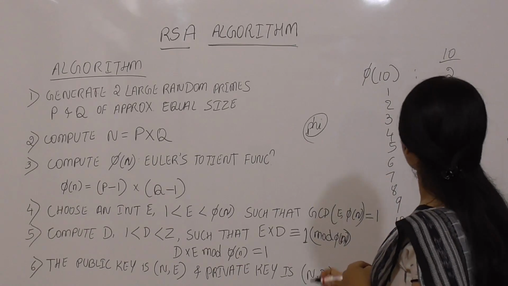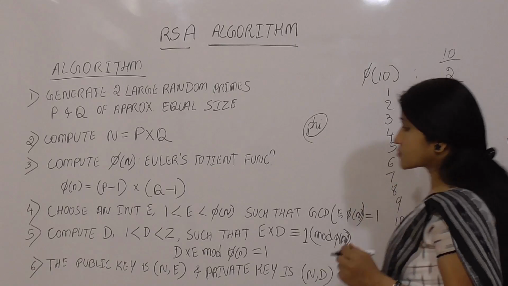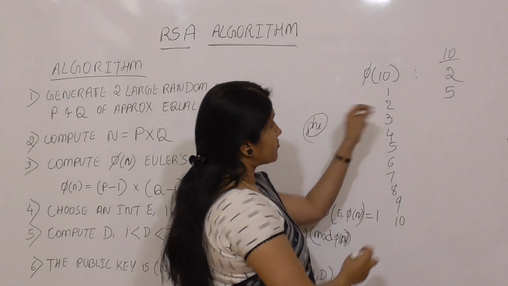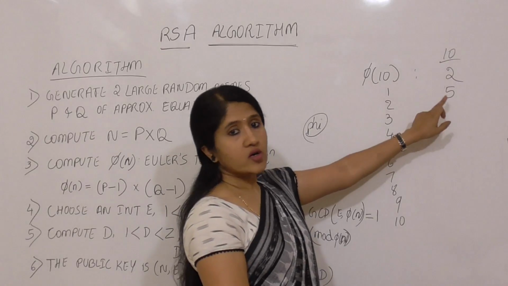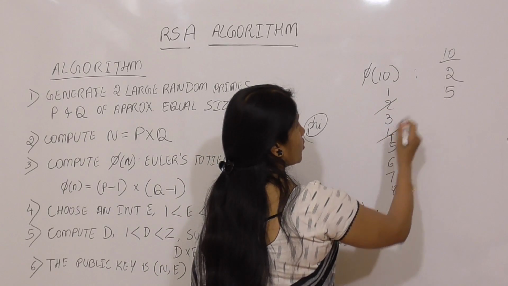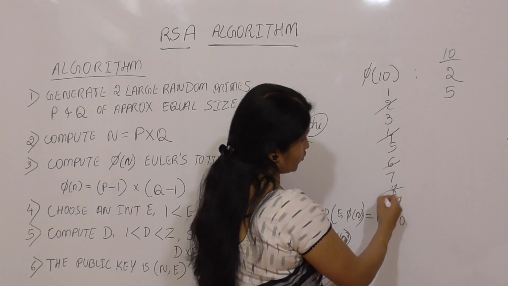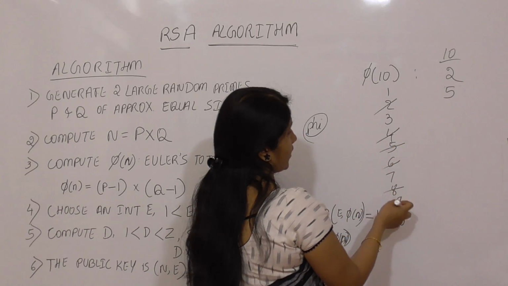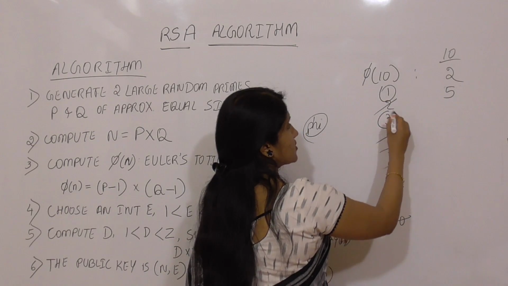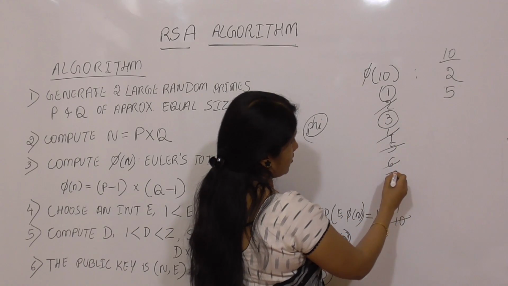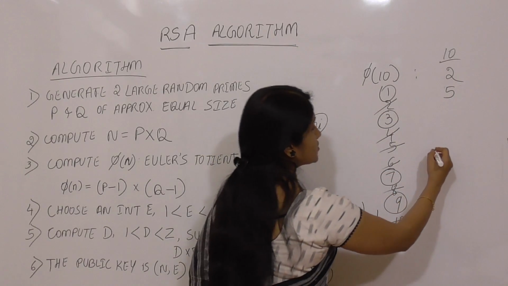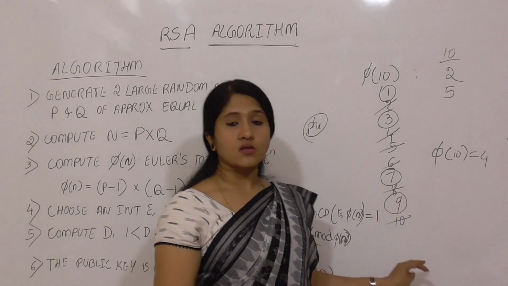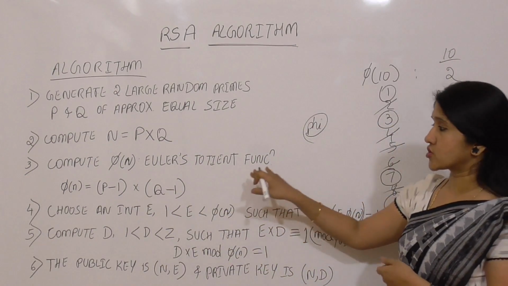Then scratch out all the multiples of 2: 2, 2 2s are 4, 2 3s are 6, 2 4s are 8, 2 5s are 10. And for 5, among the multiples of 5, only 5 is left. So how many numbers are left? 1, 3, 7, 9. That means phi of 10 is 4. That's what Euler's totient function does.